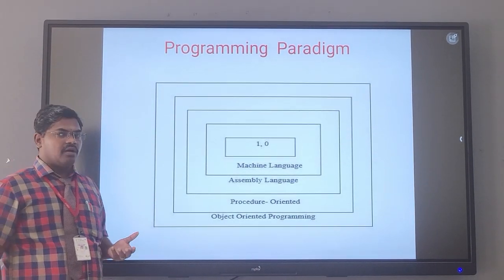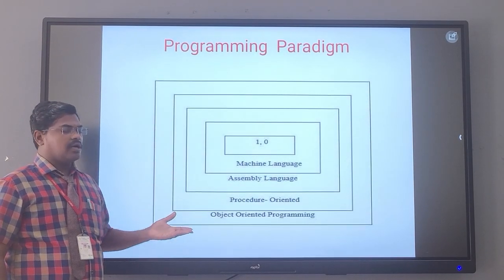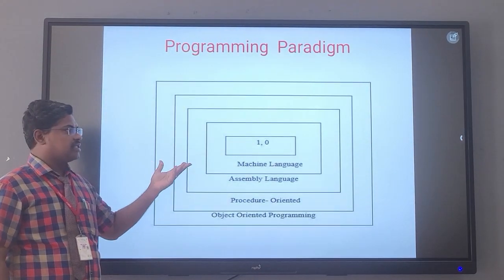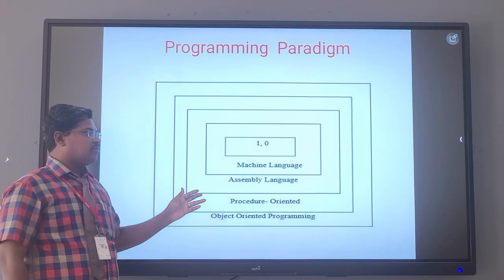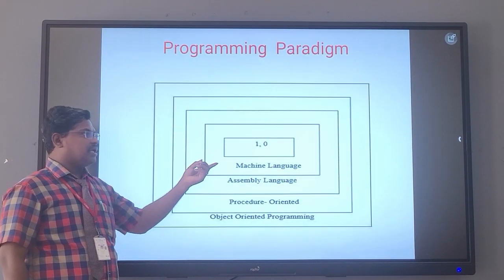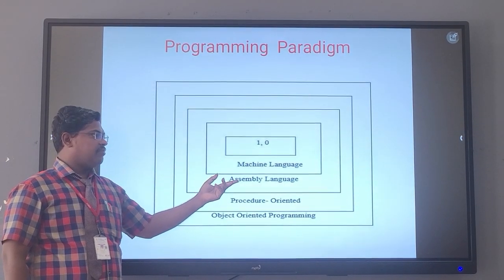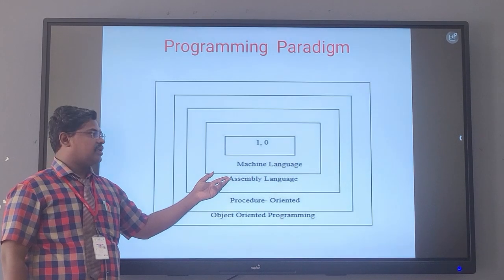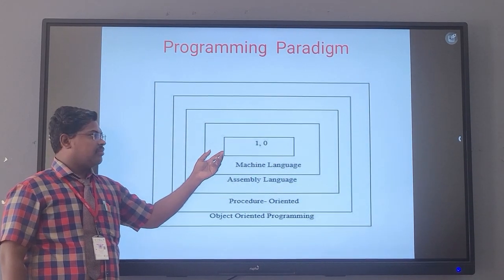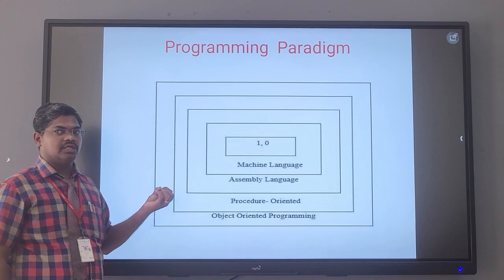After we develop the program, we must convert the assembly language to machine language. The assembler converts the assembly language source code to machine language. So the assembler plays the main role between assembly language and machine language. After the assembler, the machine can understand the assembly language code, that is, the pseudocode.